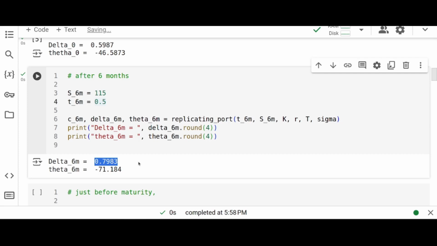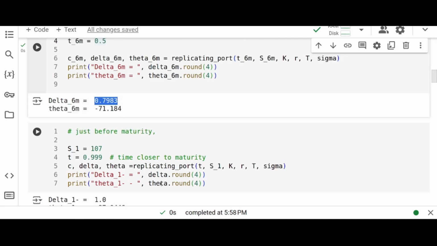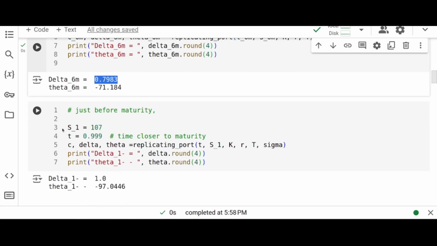Again, if the number of options sold is 1000, then 798 shares should be in the long position for the option writer. The third one is just before maturity, where the price becomes 107.